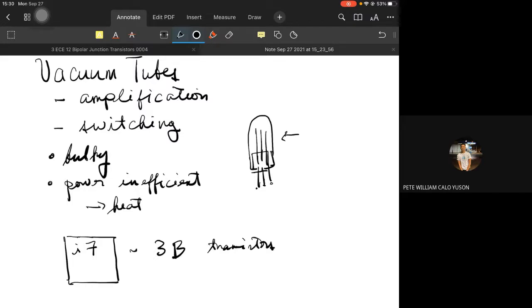But our Core i7, what are its physical dimensions?